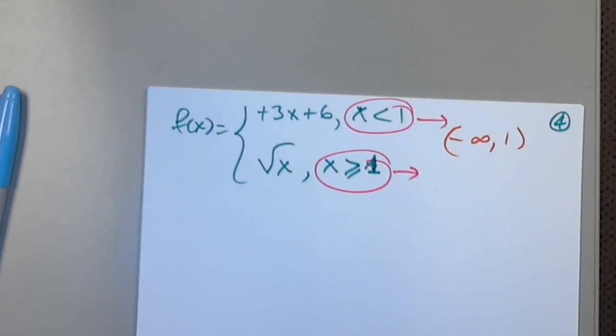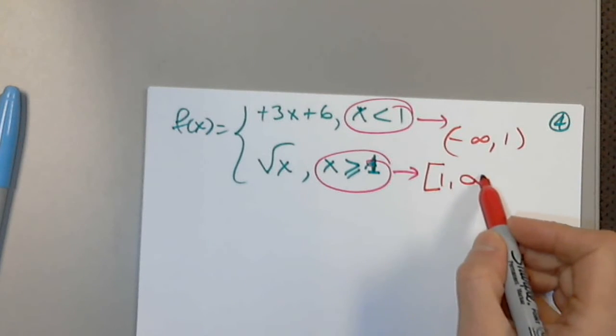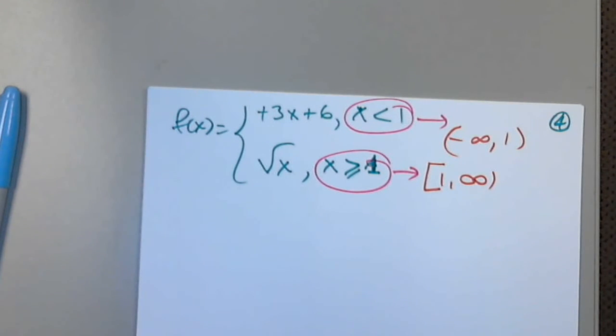What about the next one? Very good. So it's 1 and to the right-hand side of 1. Now look at these two intervals and identify the domain. Every time I'm asked to graph a function, I have to start with a domain. So what is the domain of this function?